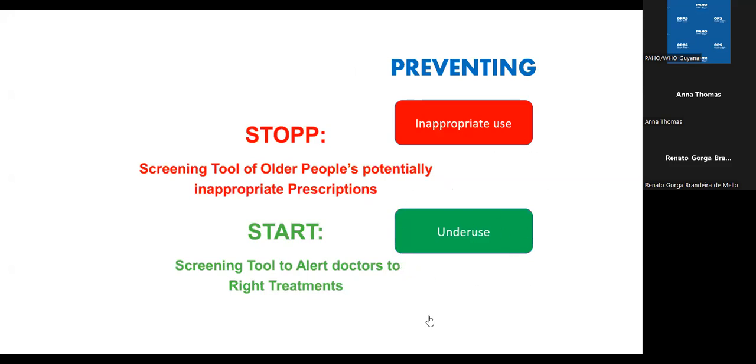Underuse is also an important problem. So we have to find a balance between preventing inappropriate use and preventing underuse.